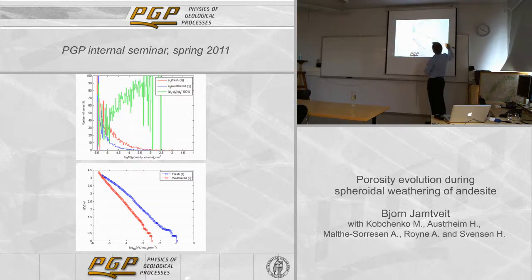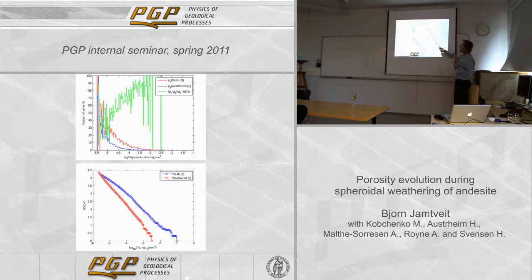And counting the number of pores within a certain volume interval in the fresh rock, you get the red curves. So there are a few very big ones over here, bigger than 100 or even 200 microns, and then you get more and more pores at smaller volumes. In the altered, weathered andesite in regions between where you have macroscopic fractures, there are much fewer large pores, but the curve rises more steeply when you get to the small pores.